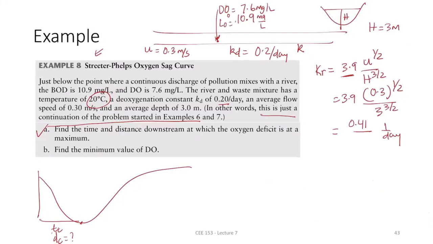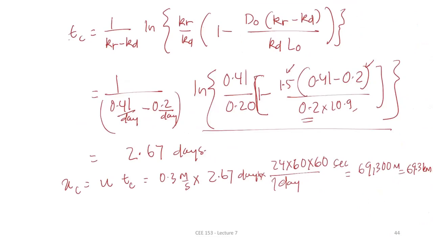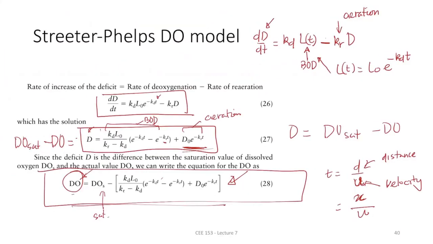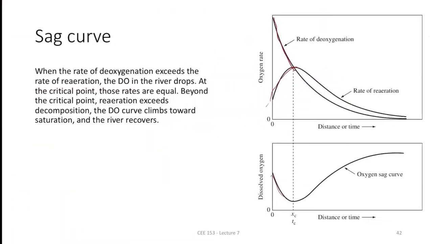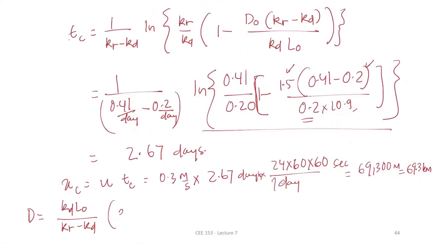So I'm just going to write the equation here so that you know. D equals KD L0 over KR minus KD, times e to the power minus KD t minus e to the power minus KR t, plus D0 e to the power minus KR t.